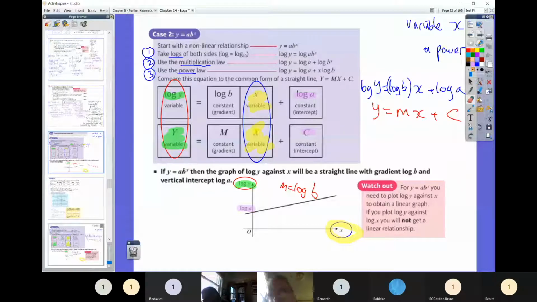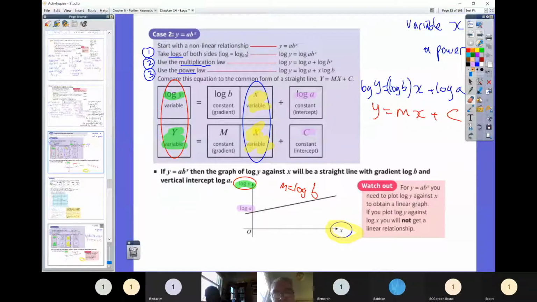Now it's just a similar exercise. You just have to take your time, work your way through and convert it into a y equals mx plus c scenario. So we've started off by taking logs on both sides. So log y equals log ab to the x. That's the line which I called line number 1. We've then split the right-hand side down into 2 terms using the multiplication law.